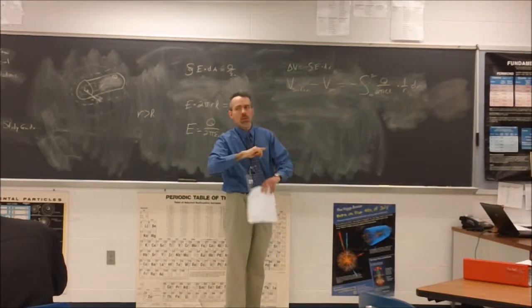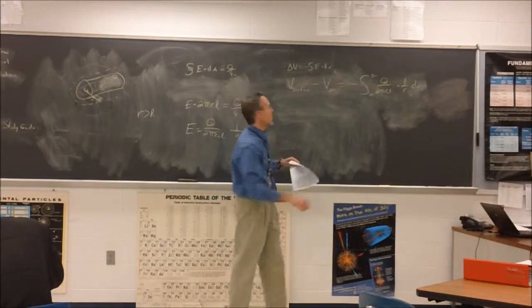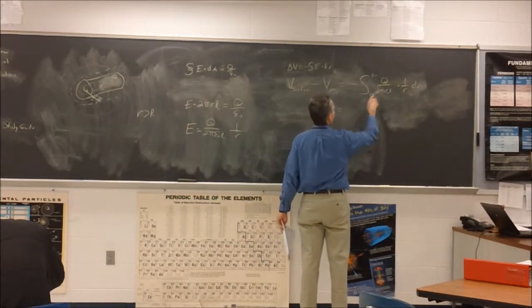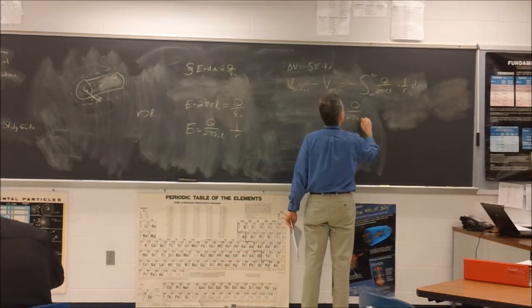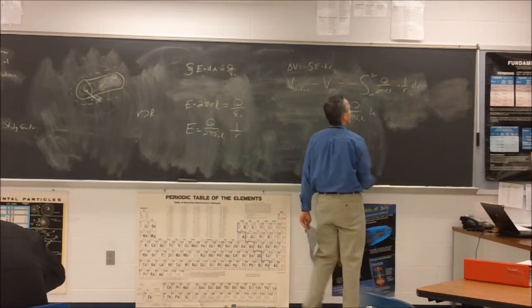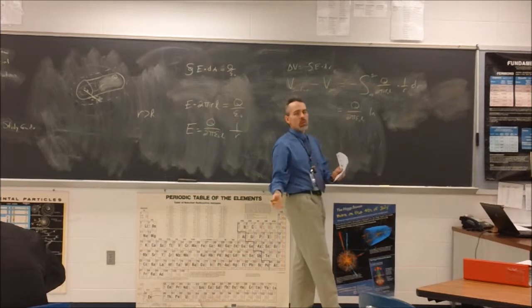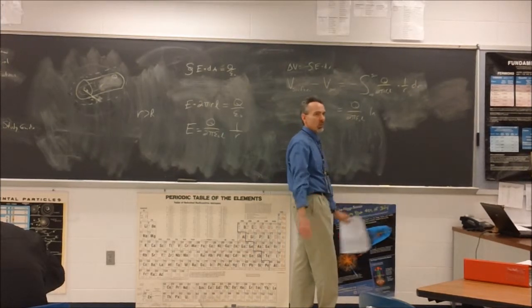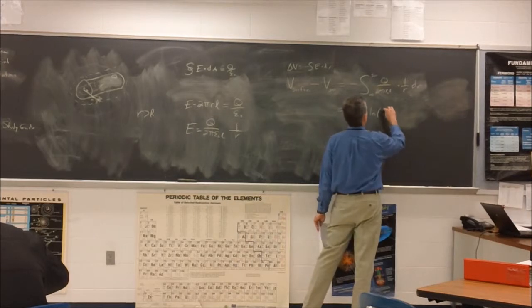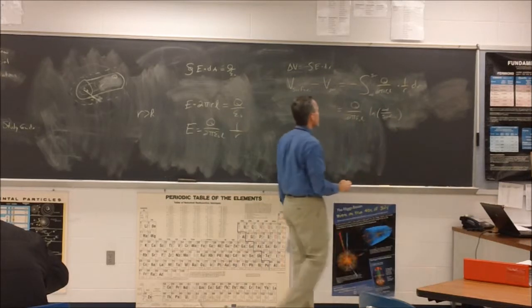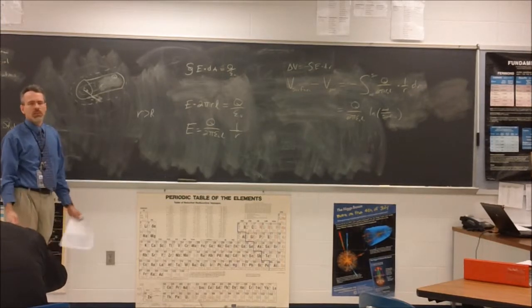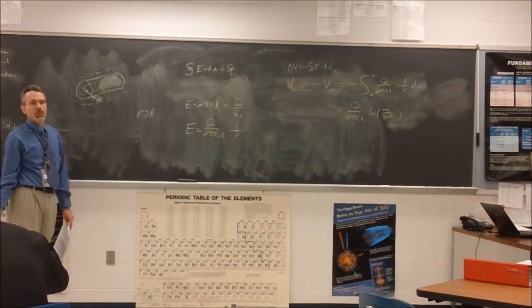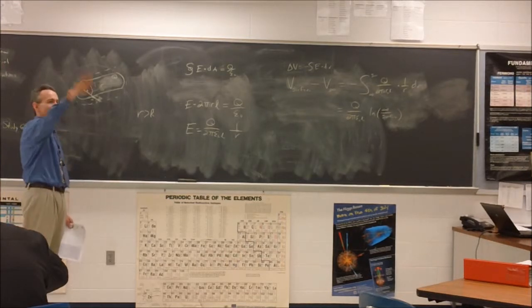I can reverse the limits of integration to get rid of the negative sign, and I can pull out the constant. So it becomes Q over 2 pi epsilon naught L natural log. I'm subtracting these two, so use the property of logs, and that would be r at infinity over the surface. In other words, the potential at the surface is a lot more than it is at infinity. We knew that already, since at infinity it's really what?